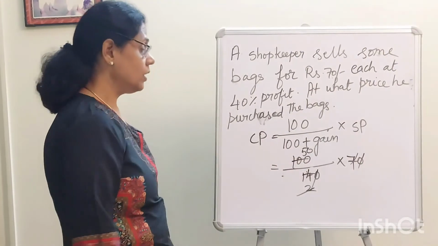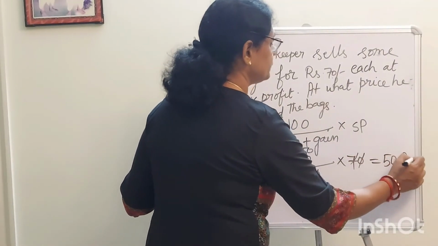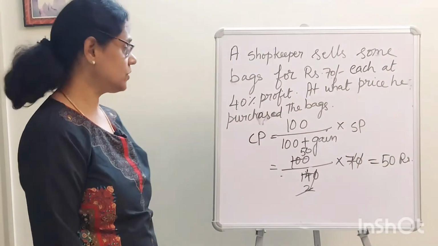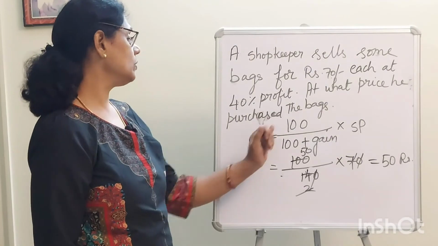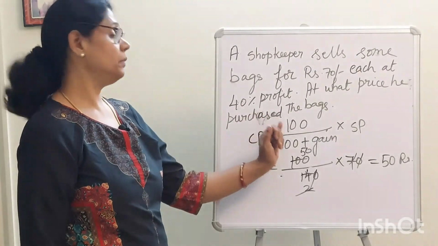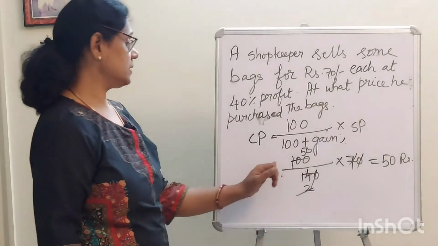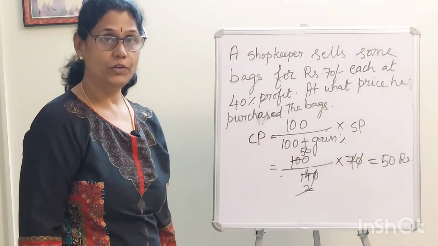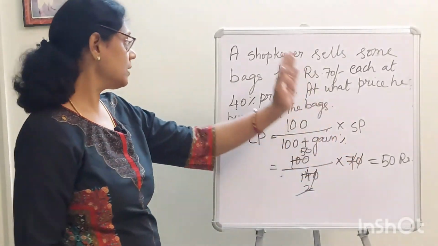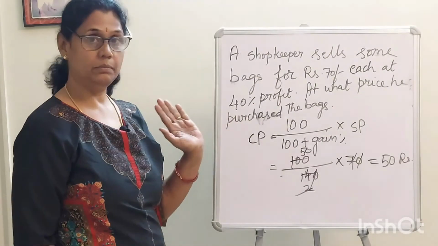So now the cost price equals to 50 rupees. I hope you understood this. Only a slight change in the formula. Cost price equals 100 by 100 plus gain percent into selling price. So 100 by 140 into 70 makes 50 rupees. 50 rupees is his cost price and he sells it at 70 rupees. He is getting a profit of 40%.